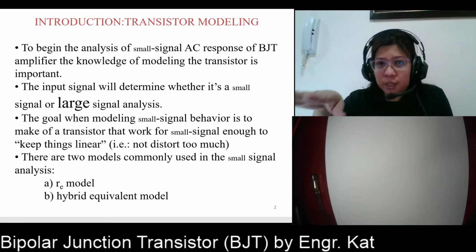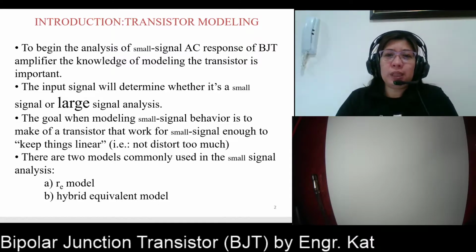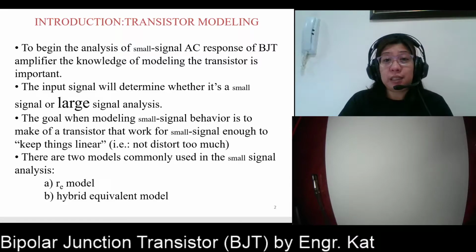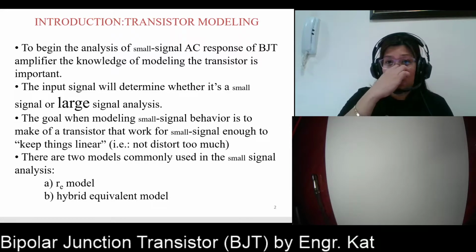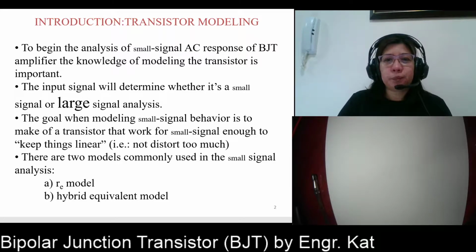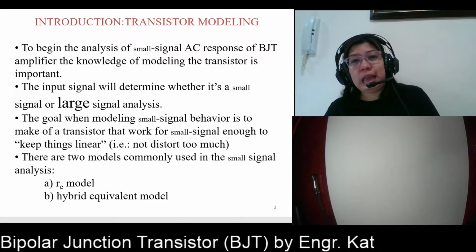Although they are the same, we will find out later that they are really related to each other, and we can see their similarities. If we know the RE model, we can easily understand the hybrid model.